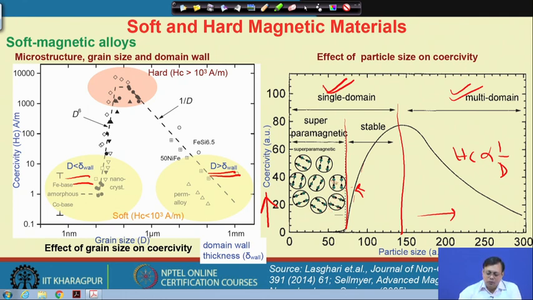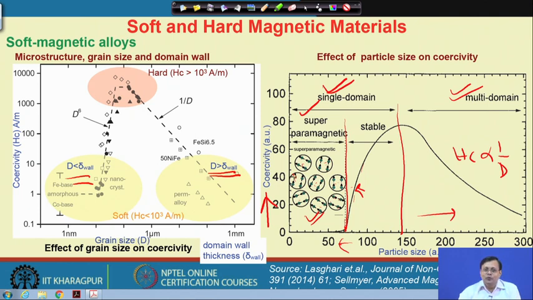So, I also have the magnetic domains that are oriented in a paramagnetic fashion, and this nature we call super paramagnetic behavior. So, below a certain critical grain size, we have grains with a single domain which are randomly oriented.